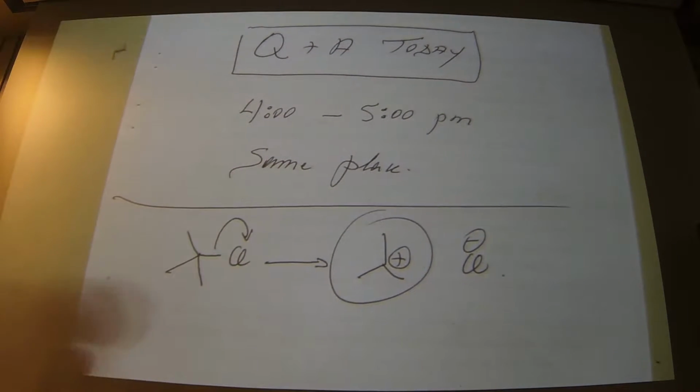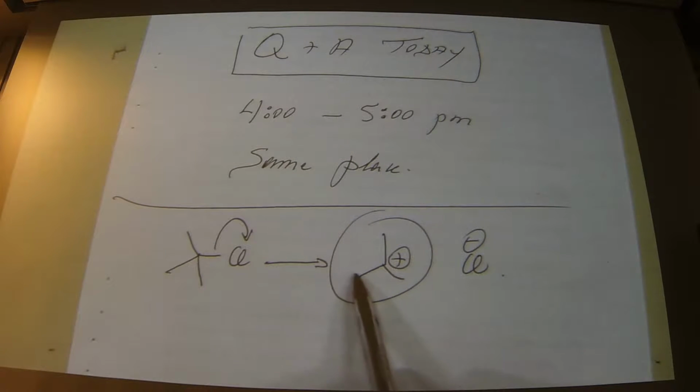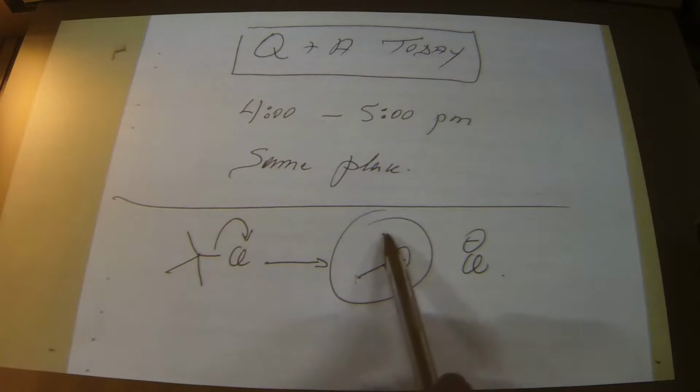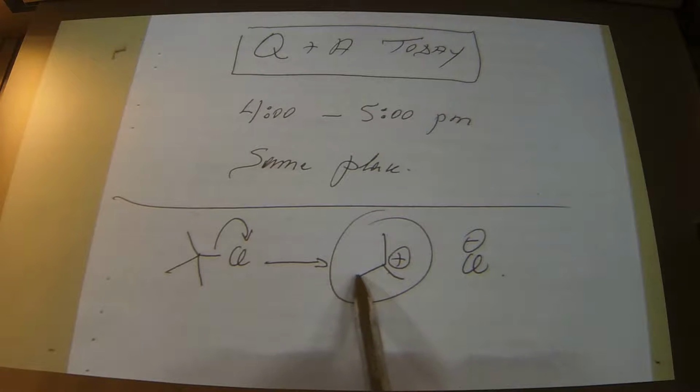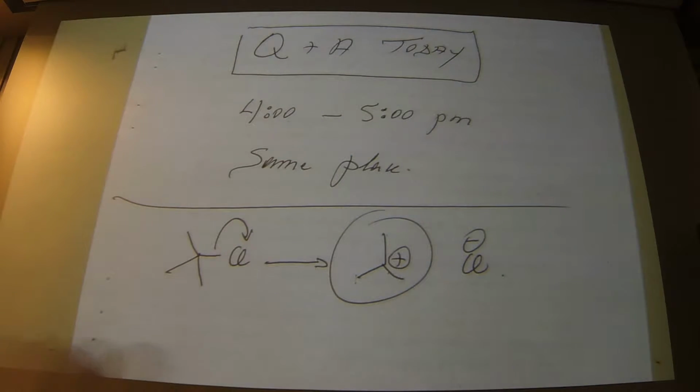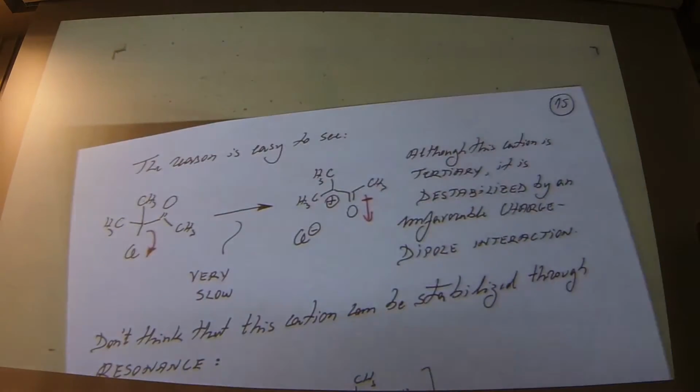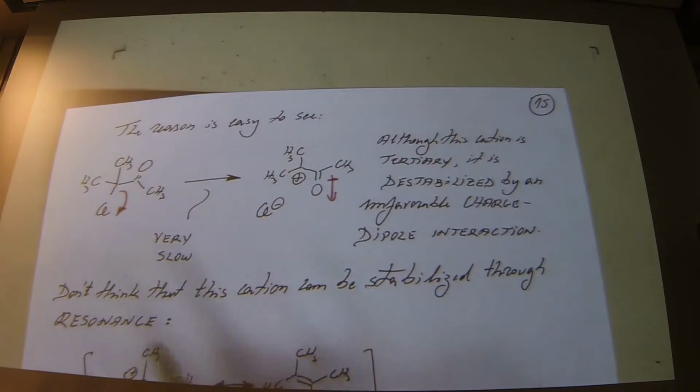Up to here, good. But if I put an electron withdrawing group on any one of those carbon atoms, what have I done to this cation? It already has a positive charge. If I have an electron withdrawing group here, I'm pulling electron density out of a cation. That's no good, and so that cation is not going to form.